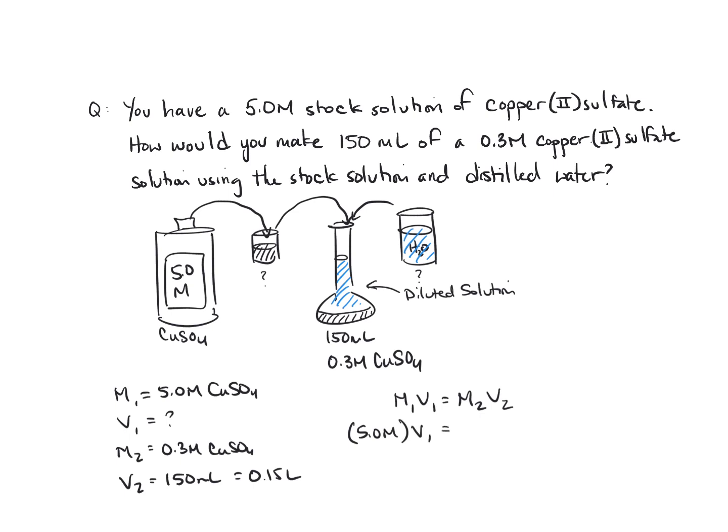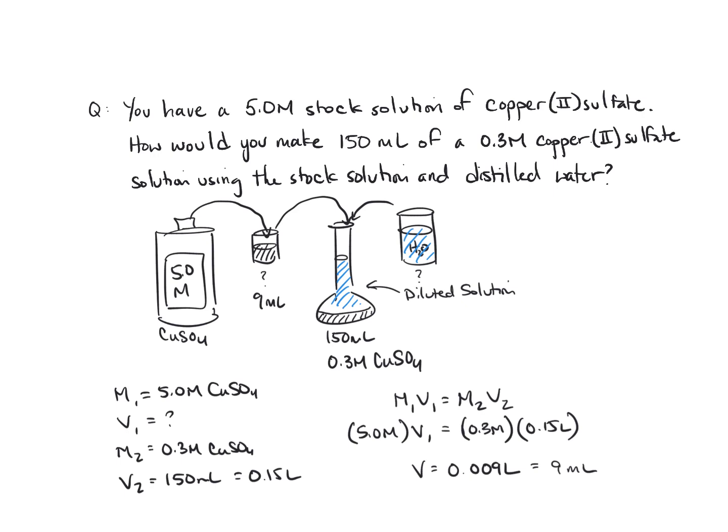V1 is equal to M2, which is 0.3 molar, times 0.15 liters, and our V comes out to be 0.3 times 0.15, divided by 5, and we get 0.009 liters, which is just 9 milliliters. So that answers our question. We need 9 milliliters of our stock solution.